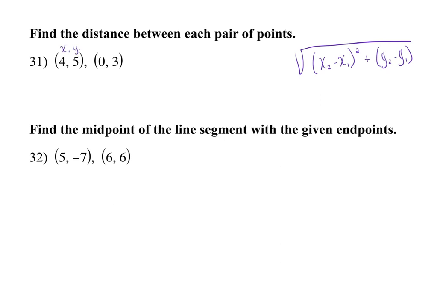So if this is my first group and this is my second group, so I'm going to say the square root then of x2 minus x1, square that, plus y2 minus y1, and square that. And remember, anytime I square a number, it's going to be positive. So even though this is a negative 4, when I square it, it will be positive.